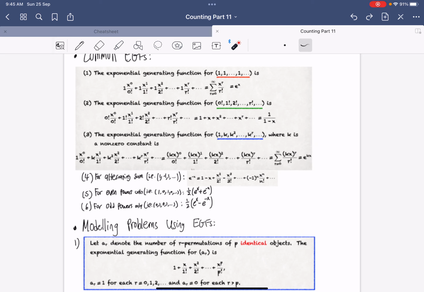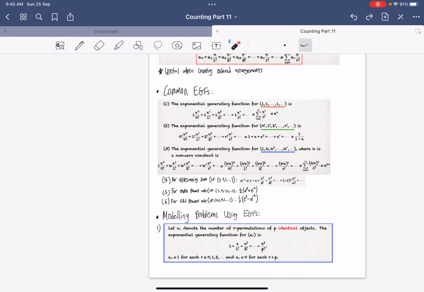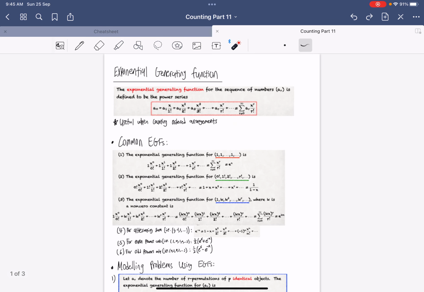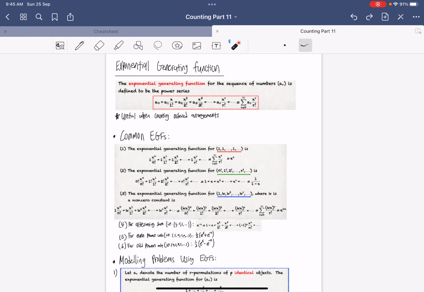This minus x cubed over 3 factorial will cancel out with the plus x cubed over 3 factorial. And because all the even terms are repeated twice, we divide by 2. Likewise, for the odd terms, you take e to the power x minus e to the power minus x, and then divide by 2. So this allows us to play around with the exponential generating functions.